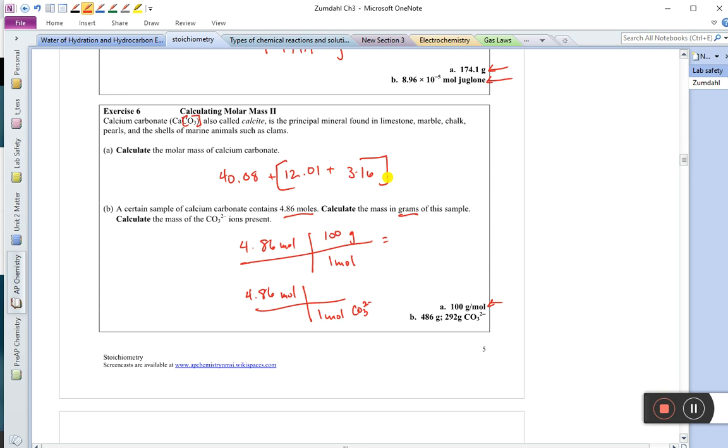So that's going to be 48 plus 12. So it's basically 60 grams of carbonate. That's a minus 2 ion. If you had a formula that had more than one of your ion, you'd have to add an extra step to account for that, but this only has one. Again, plug it in your calculator, make sure you get the answers given.